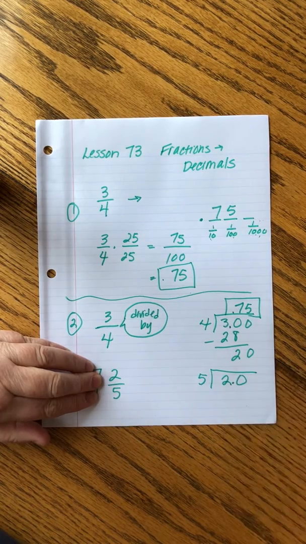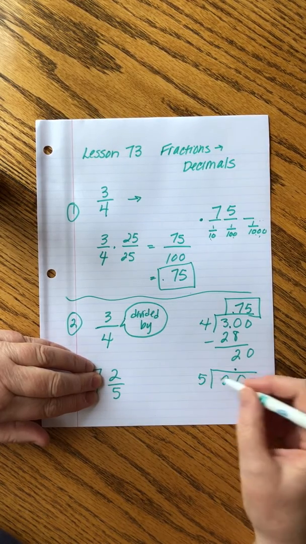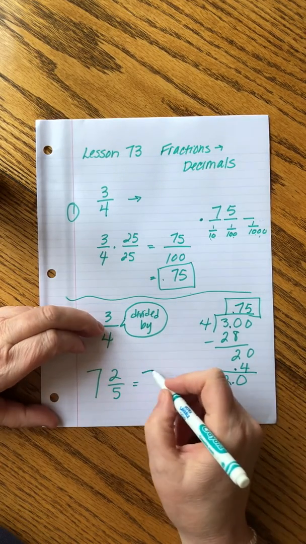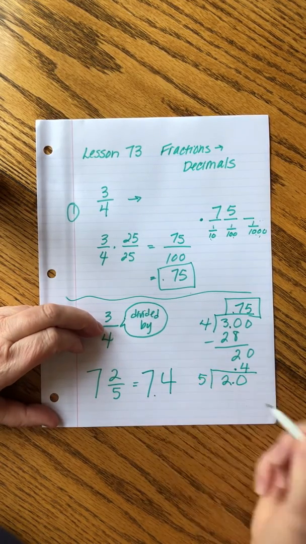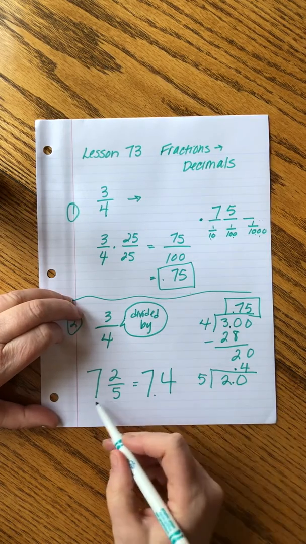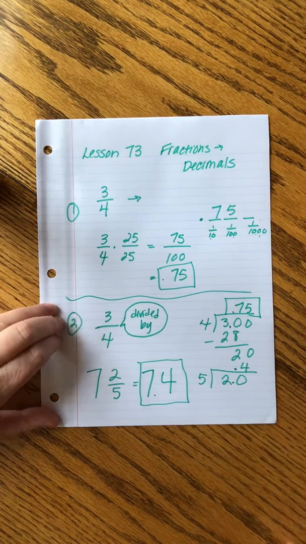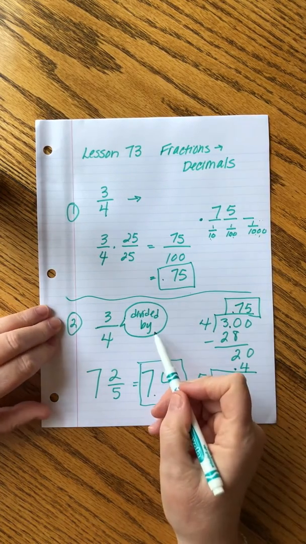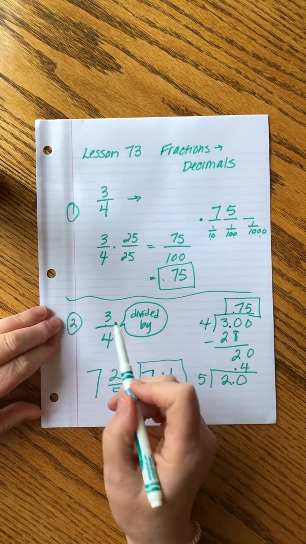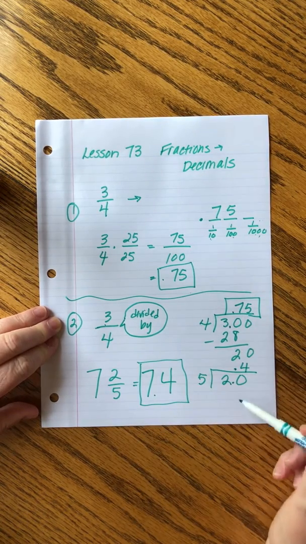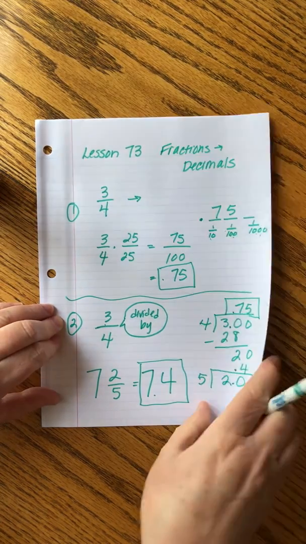We'll need a 0 and a decimal point. 5 into 20 goes exactly 4 times, so this equals 7.4. Notice that there's no change to the 7. He just rides along. Okay, so the divided by method, remembering that this sign says divided by, reminds us exactly how to make the calculation.